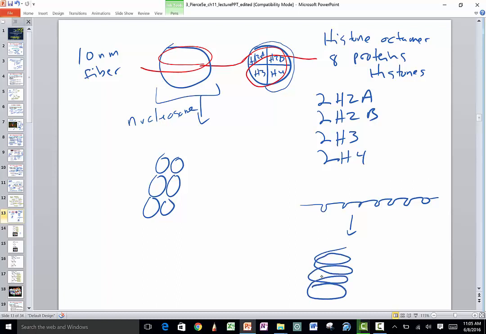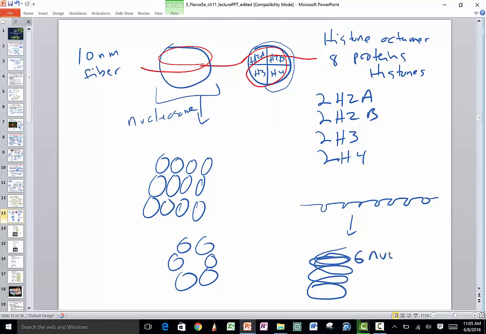If you take that hose and look at it from the side, it looks like this. And if you turn it around and look down the end, it looks like that. Each loop of this coil has 6 nucleosomes in it.